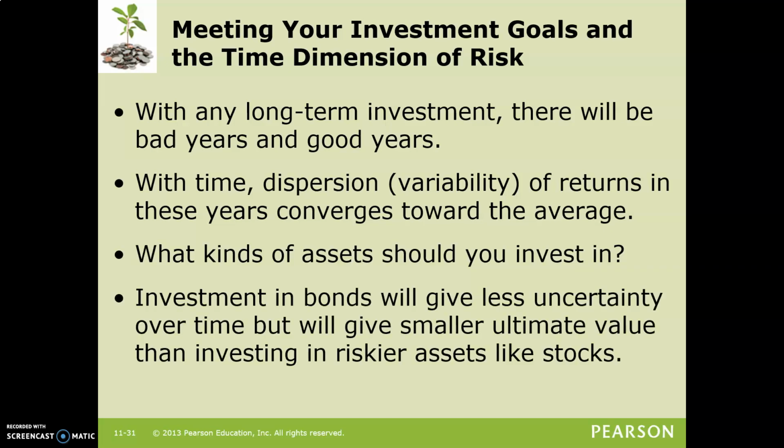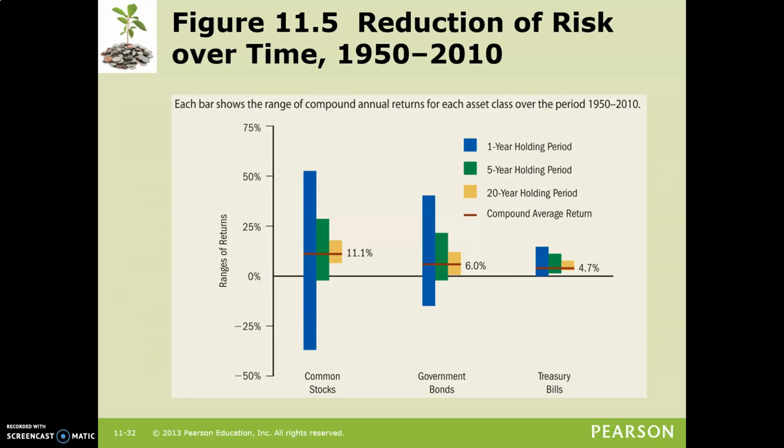What kind of asset should you invest in? Investment in bonds will give you less uncertainty over time, but will give you smaller ultimate value than investing in riskier assets like stocks. So this is an illustration of the reduction of risk over time from 1950 to 2010.